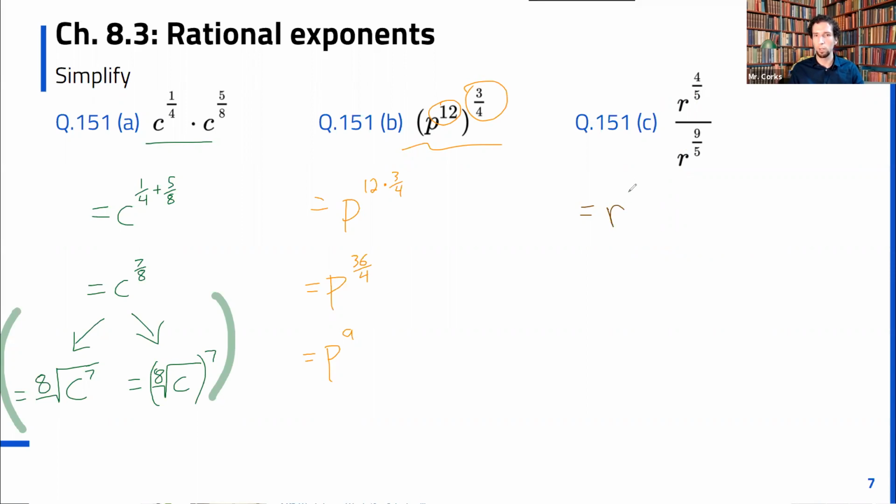So that's R to the exponent 4 over 5 minus 9 over 5. What's the result of that? R to the exponent of -1. So 4 minus 9 is -5, so -5 over 5, that's -1. And then if we do our simplifying, it's just 1 over R. A little exponent 1 there, but we don't need to write it.